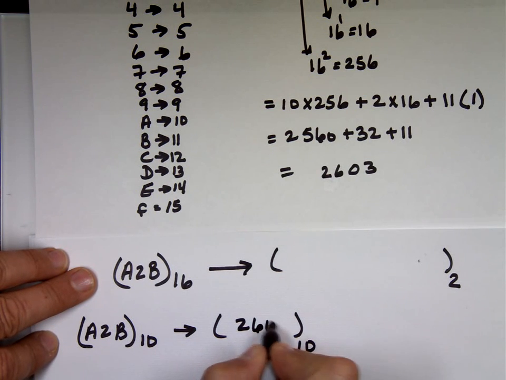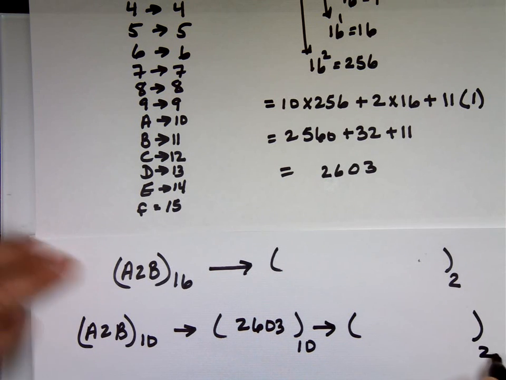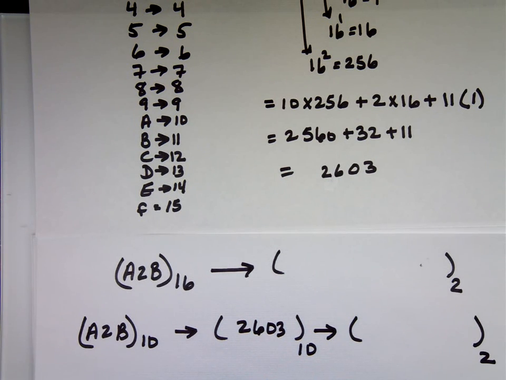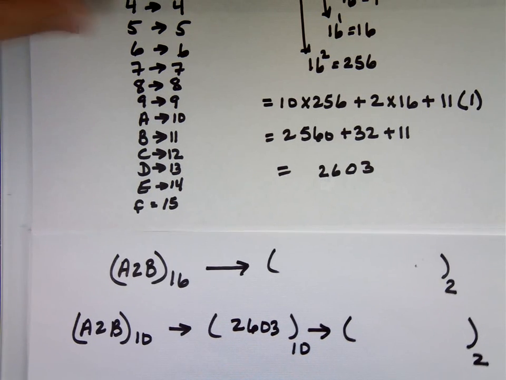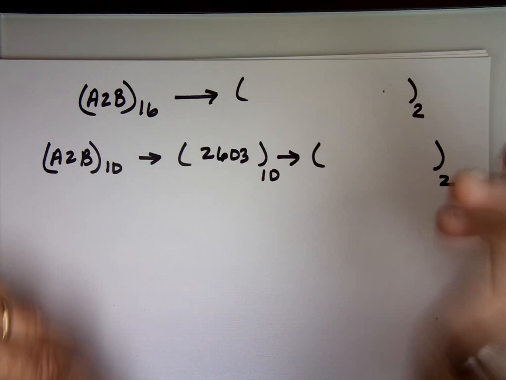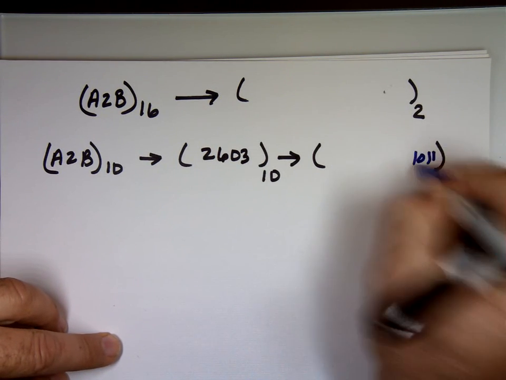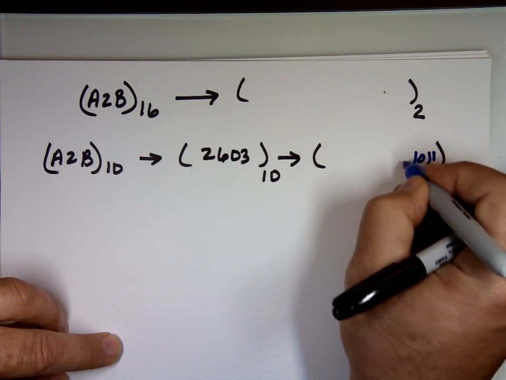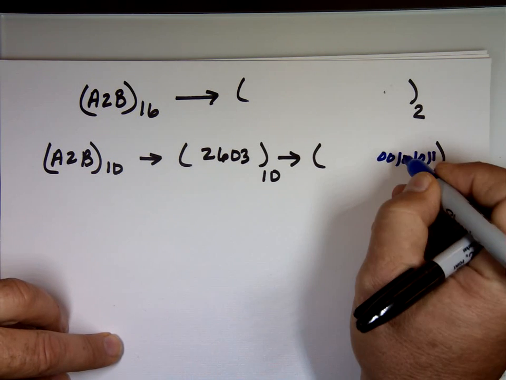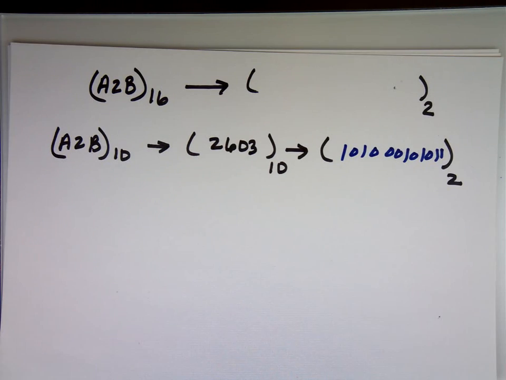Then from there I need to convert that to binary. And you can take your time and divide that in half, and that's the answer. 10100010111.